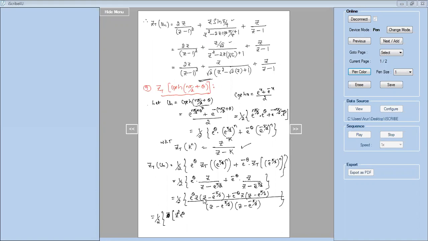Z square e power theta, next term minus Z e power theta into e power minus pi by 2, plus again multiplication here, Z into Z, Z square, plus Z square e power minus theta, then Z into this, minus Z e power minus theta e power pi by 2. So the numerator terms are multiplied, divided by the denominator.